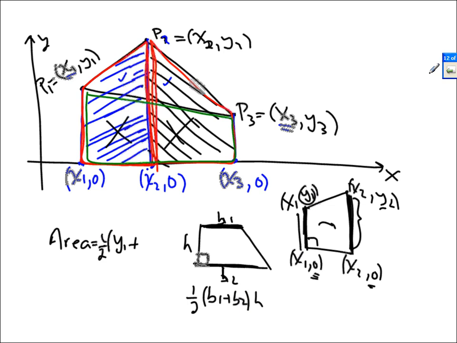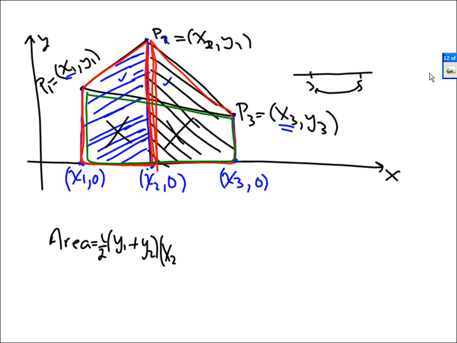You want to know how long this is, from 3 to 5. Don't you do 5 minus 3? I'm doing x2 minus x1. Erase this, and I'll put that down. And we have the area of the first trapezoid.